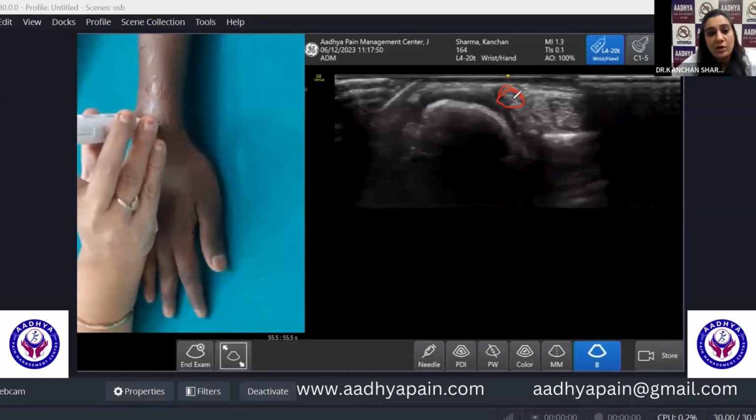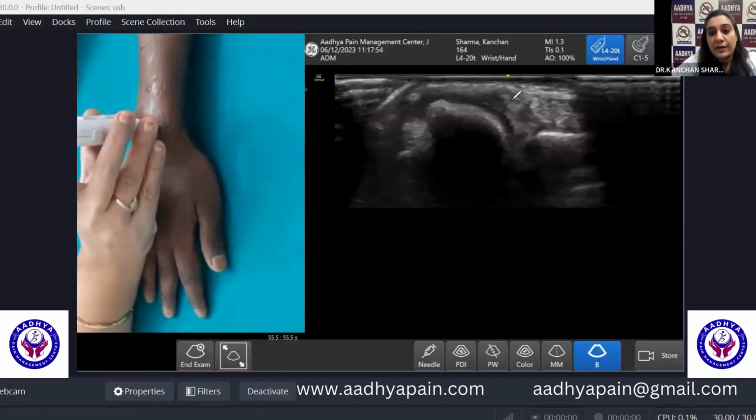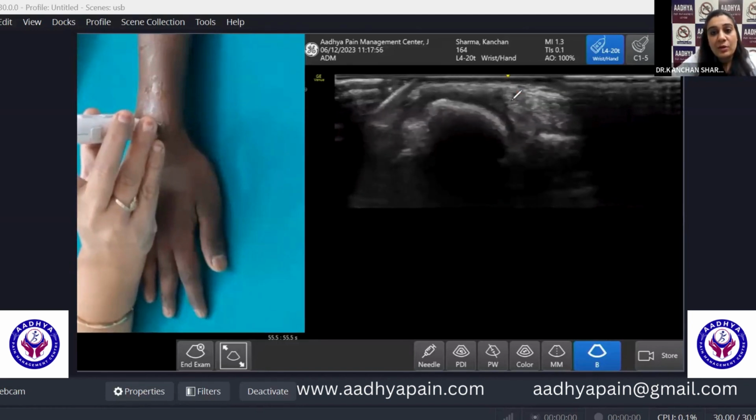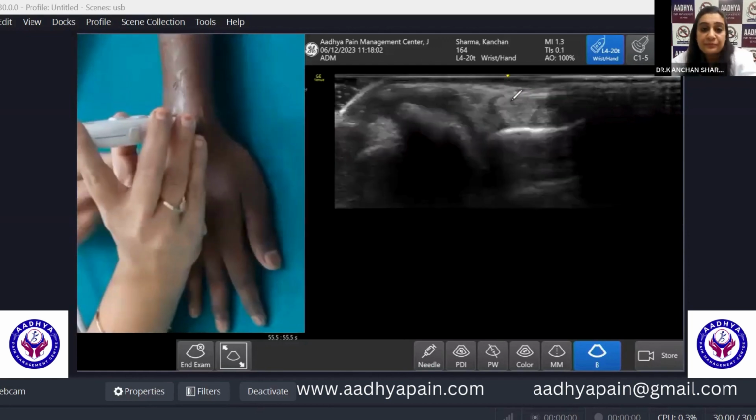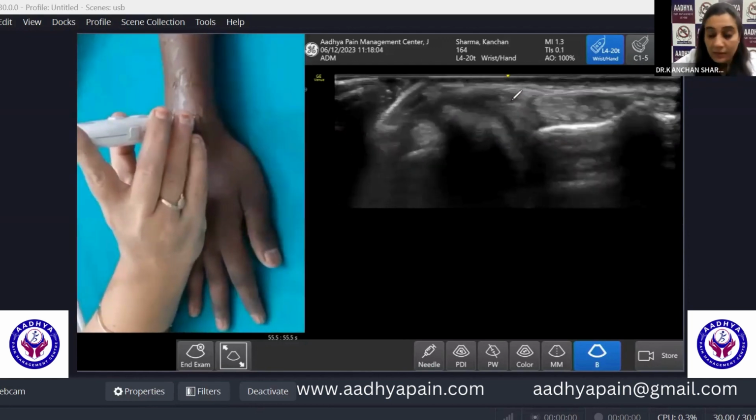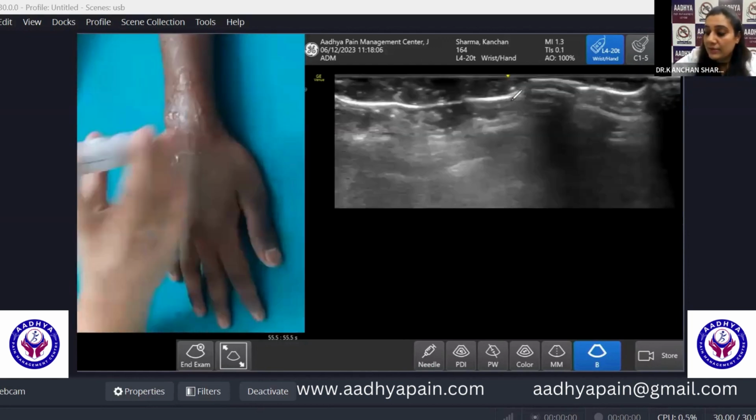And then when I'm toggling my probe, it is becoming, again, hyperechoic. So that is your 5th compartment. Now, the 5th compartment has got Extensor Digiti Minimi. Okay. Again, we will see this.